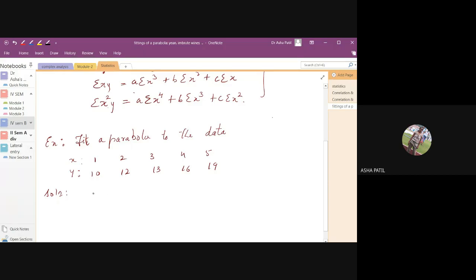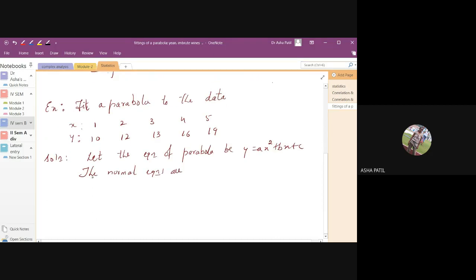First thing is write what you will consider as the equation of the parabola. Let the equation of the parabola be y is equal to ax square plus bx plus c. Then the normal equations are: summation y is equal to a into summation x square plus b into summation x plus n into c.